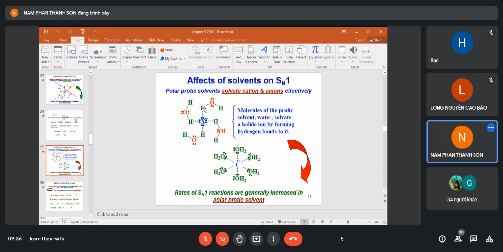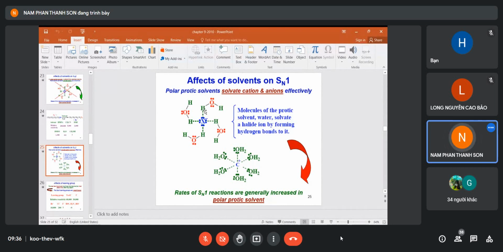If you want the reaction to proceed with SN1 mechanism, you need to produce a cation and an anion. The C-Br bond will break, and we have a cation and the Br negative anion. Looking at the cation, we cannot make a decision, so look at the anion. In polar protic solvent, we have a proton.